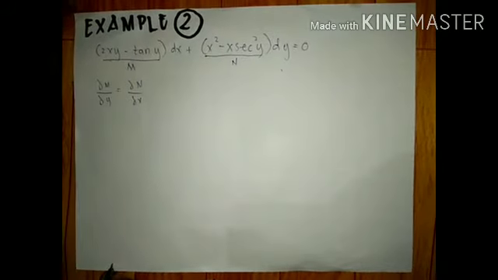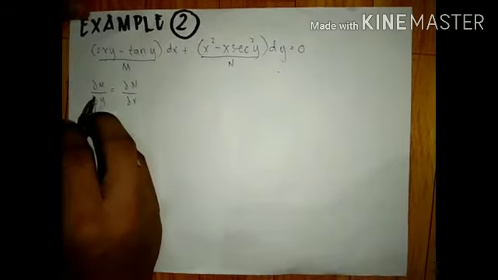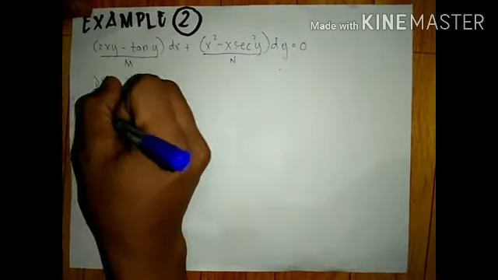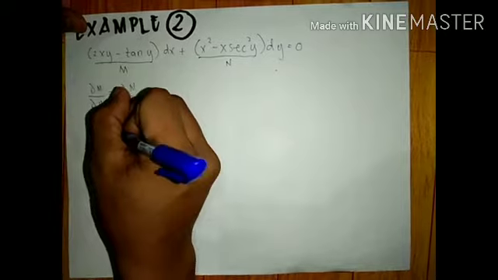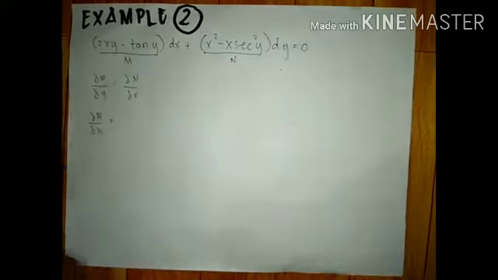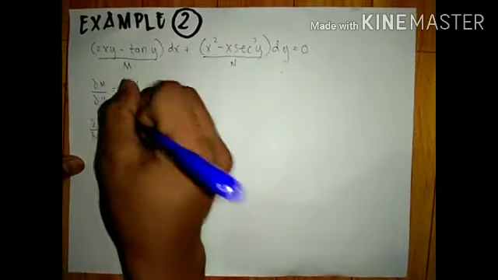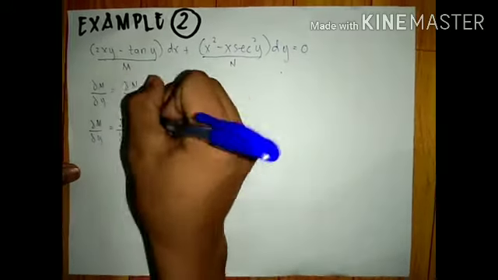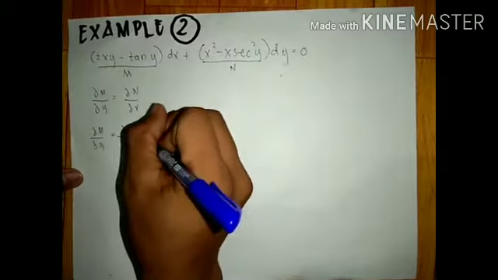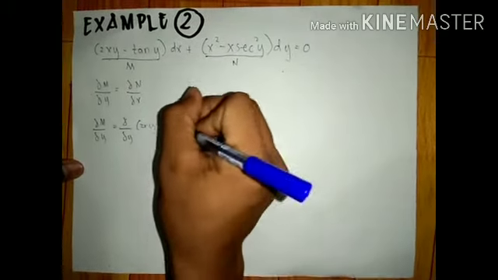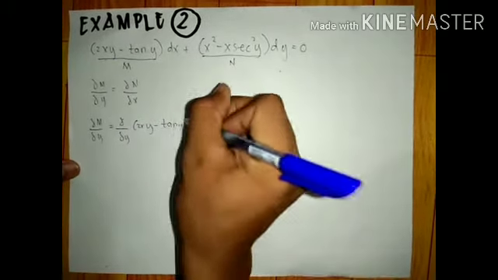So first we find the partial of M with respect to y, which is equals to partial over partial y of our M, 2xy minus tan y.